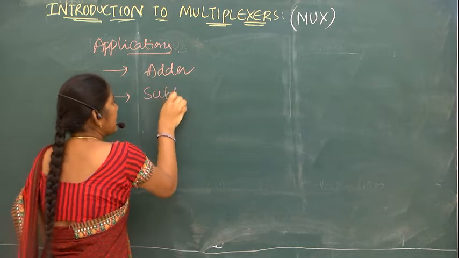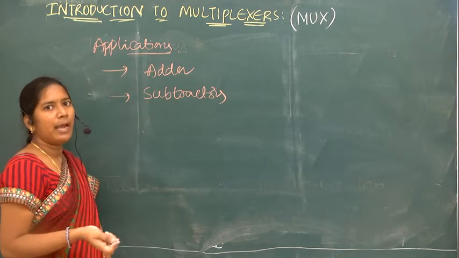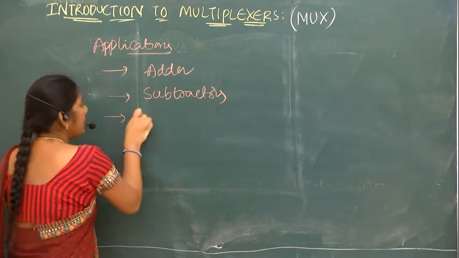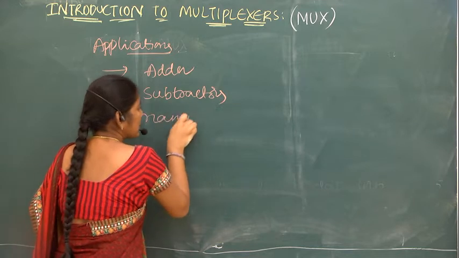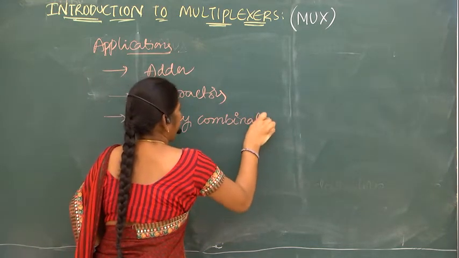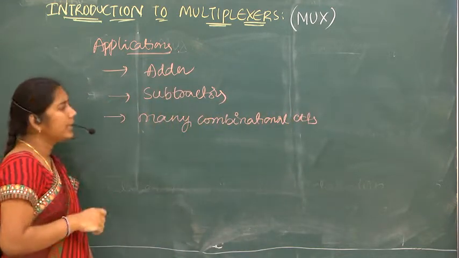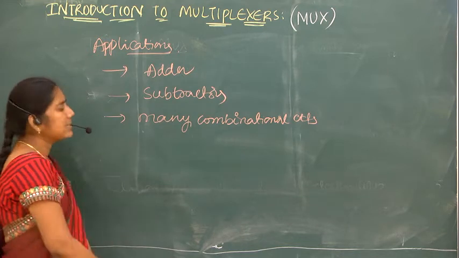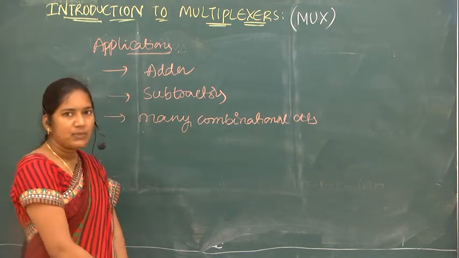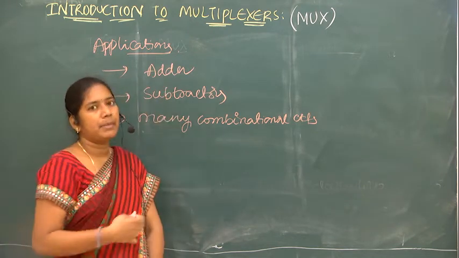Similarly, subtractors, either a full subtractor or half subtractor, or many combinational circuits also. These are some of the examples for multiplexers.